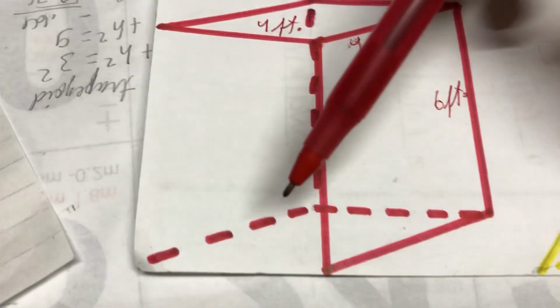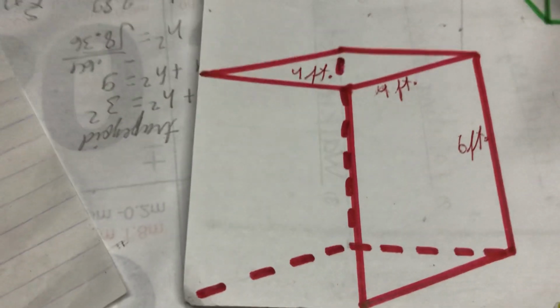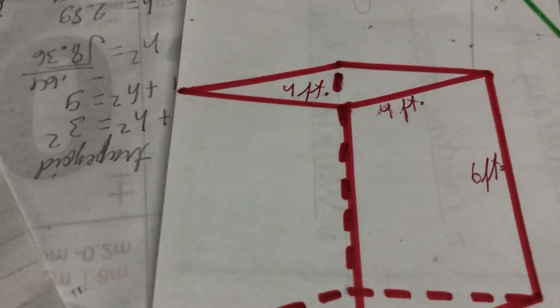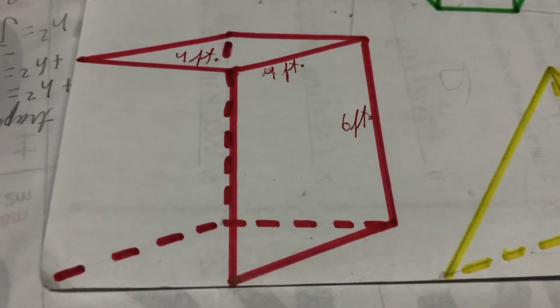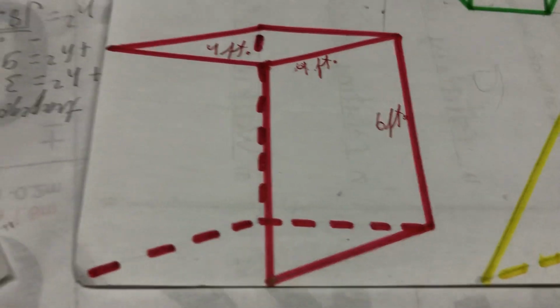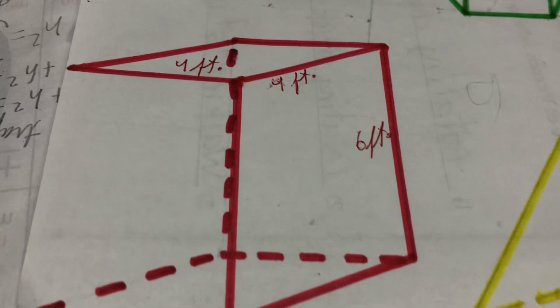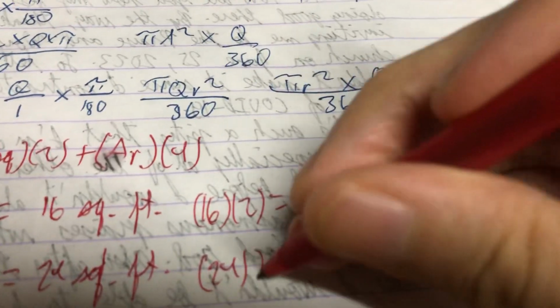Top and bottom, left and right, front and back. Remember, those are the 3 antonym pairs that you must remember, especially when you go to a rectangular prism. Top and bottom, left and right, then up and down. Okay? Now, we have 24 square feet, the area of one rectangle, times 4.